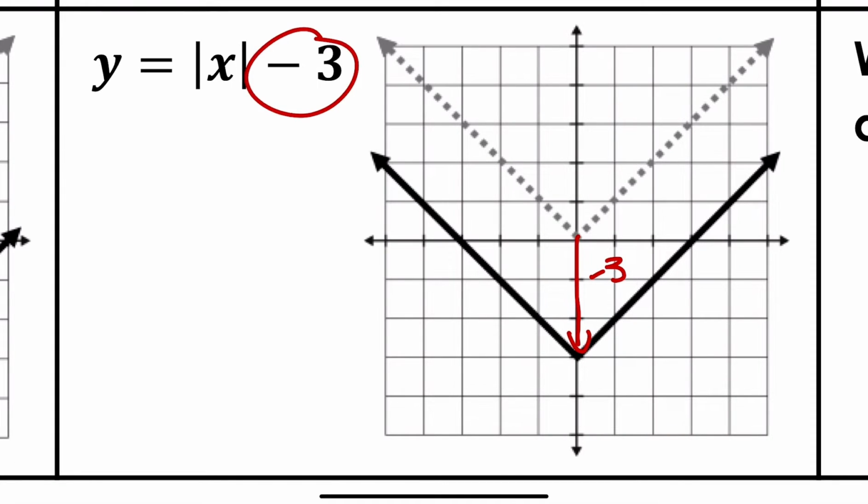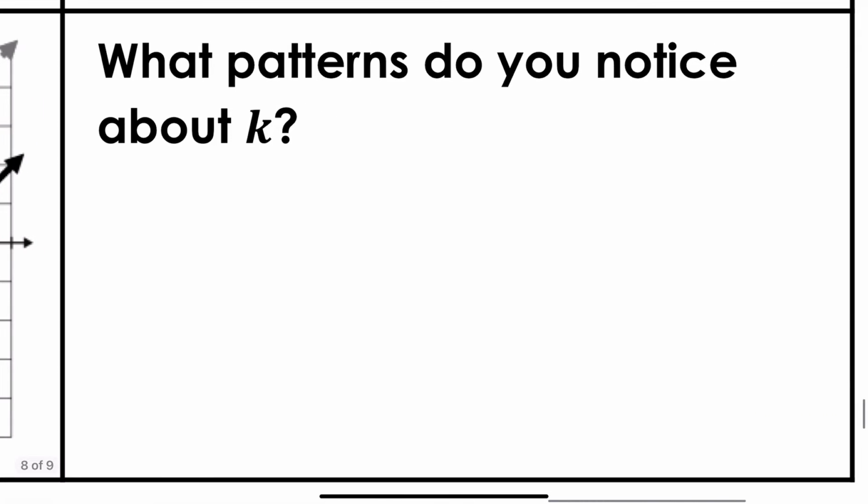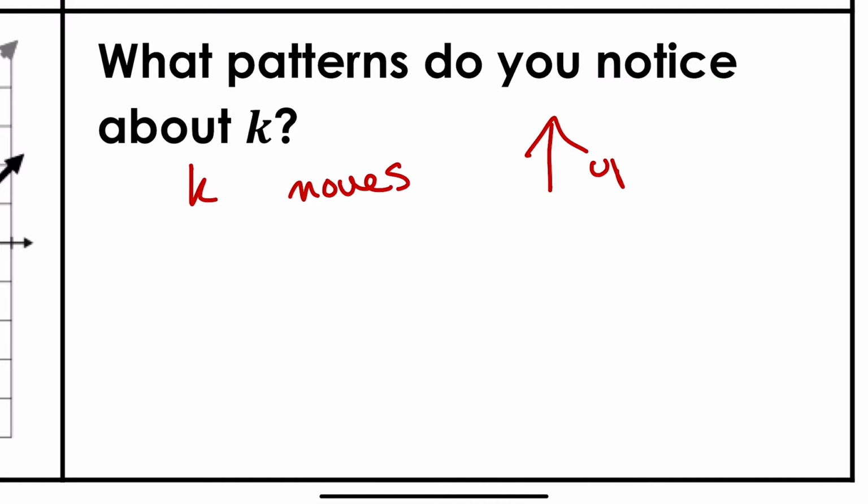We started with a -3. Okay, that makes sense. So what is our K doing? It looks like K moves either up or down. If it moves up, that means it's a positive number. If it moves down, that means it's a negative number.